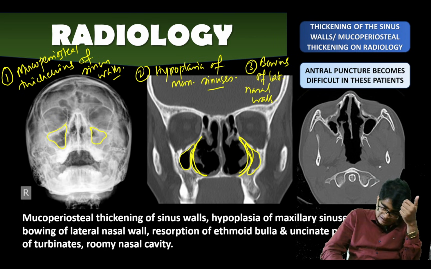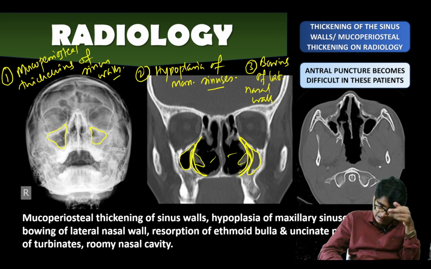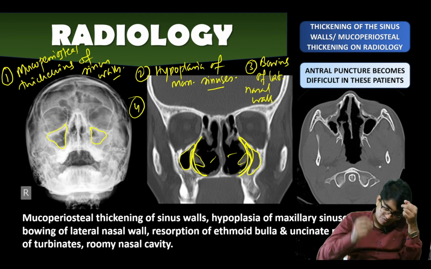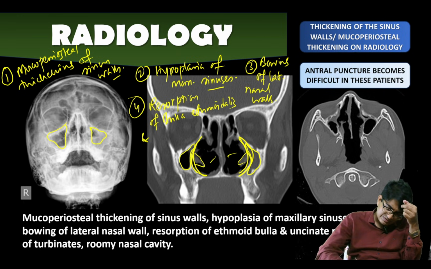Next, obviously there are atrophic turbinates, there is a roomy nasal cavity, everything seen. But can you properly visualize the uncinate process as well as the bulla ethmoidalis? I think no. So yes, again, most importantly, there is resorption of bulla ethmoidalis and uncinate process.